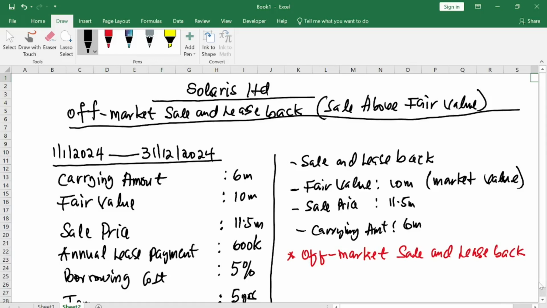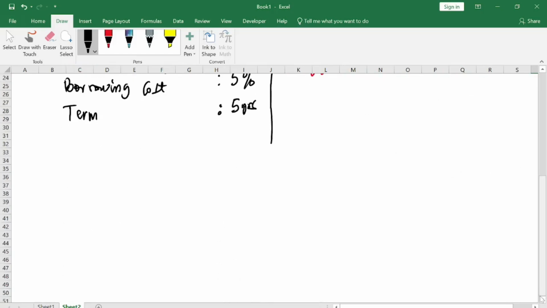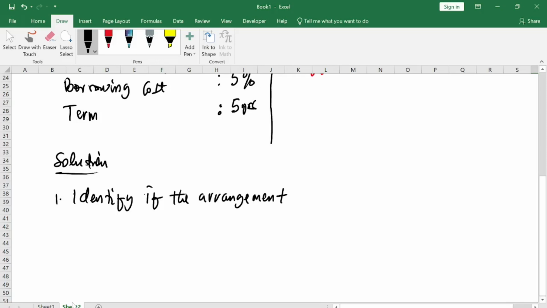When you are confronted with a situation like this, how do we account for a sale and leaseback which is off the market? So we have our solution. First, identify if the arrangement complies with IFRS 15.